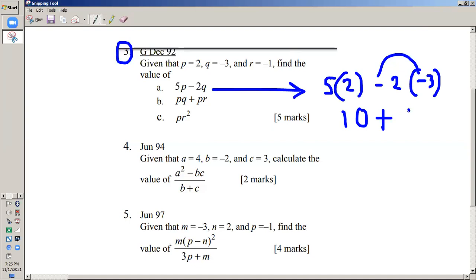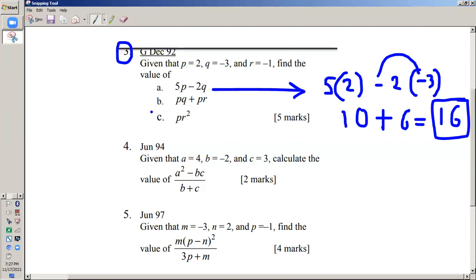Equal positive, so therefore that would have been 10 plus 6. You have something different in your book. Yeah, so that would equal 16.